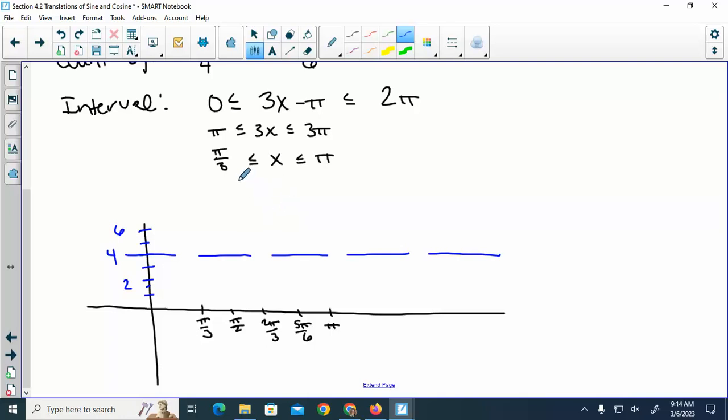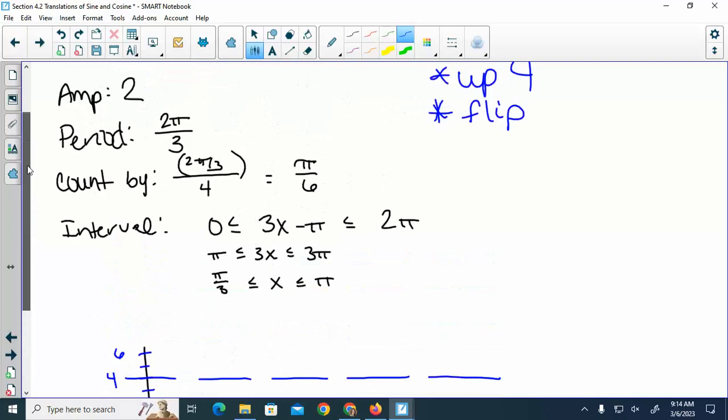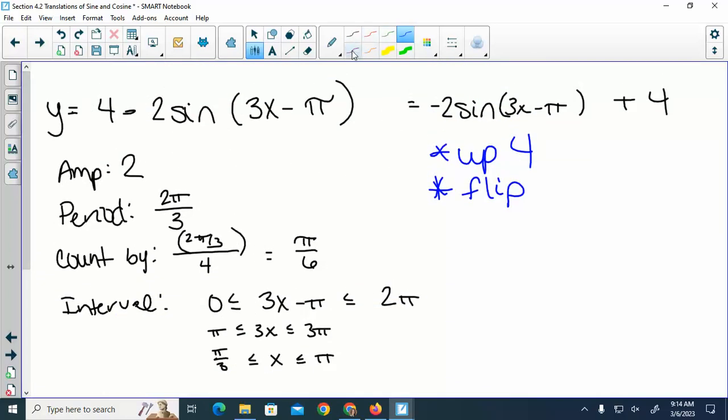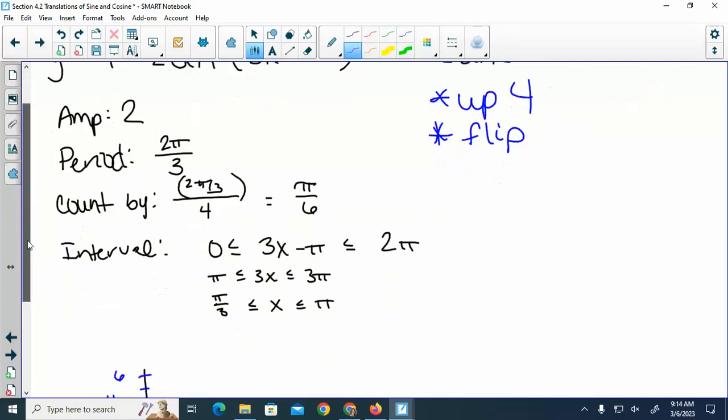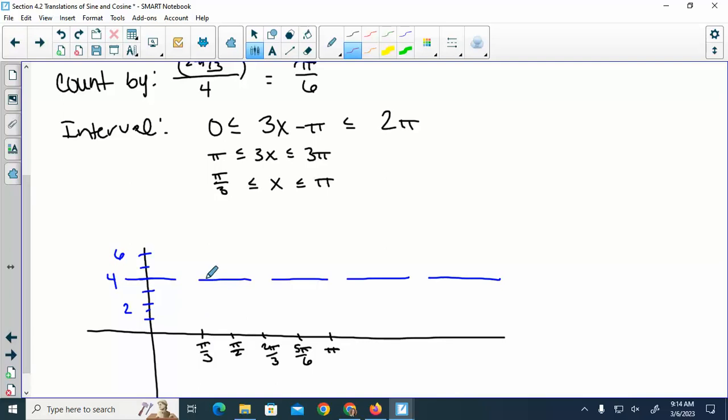So then, we are graphing sine. Sine starts at its center. So when pi over 3, the beginning of my interval, we should be on this blue line here. That's my center. Then sine goes up. But what else did we say we had to do to this graph? We have to flip it. So instead of going up, this one will go down first.